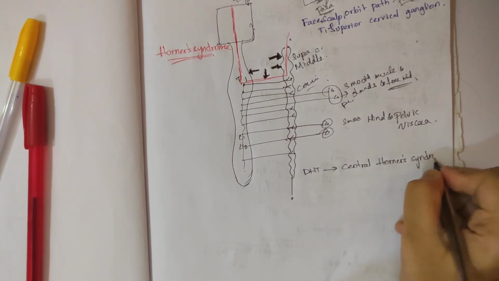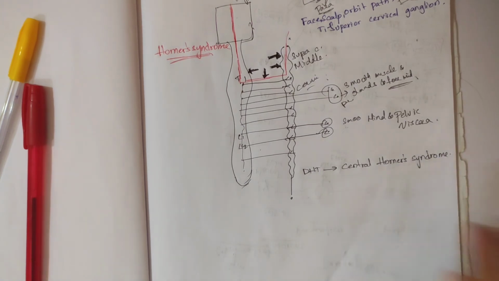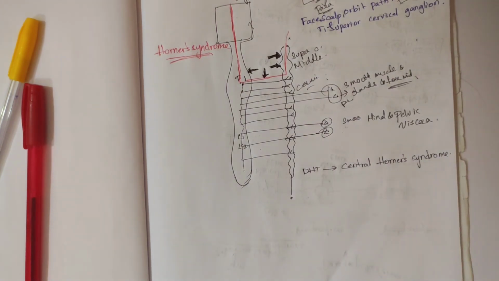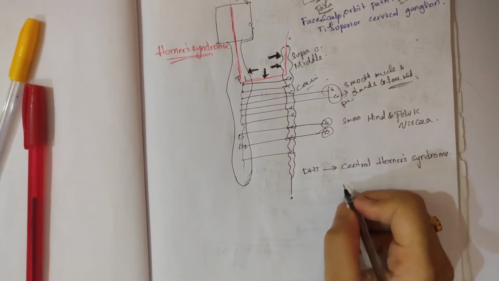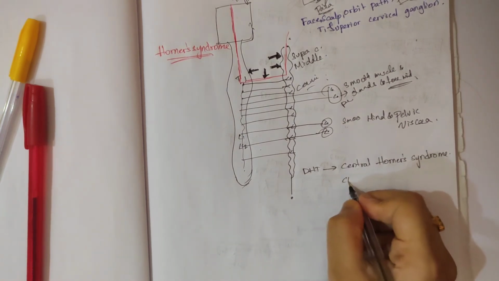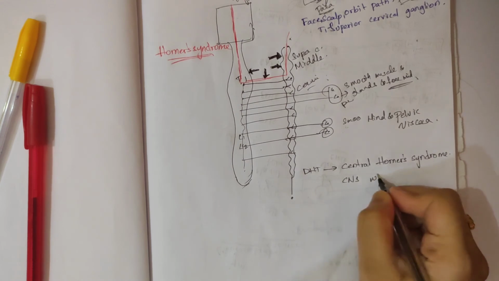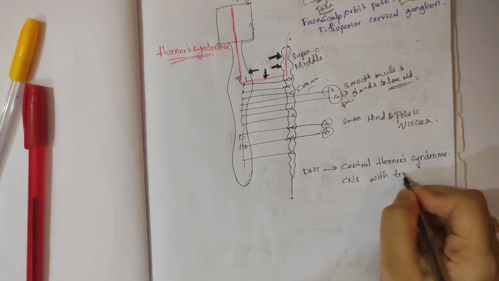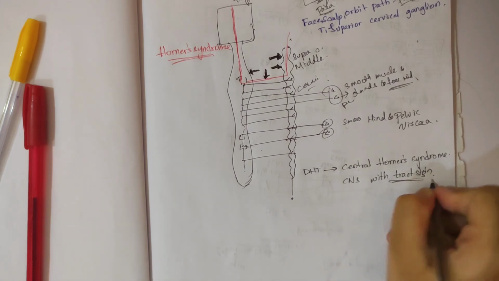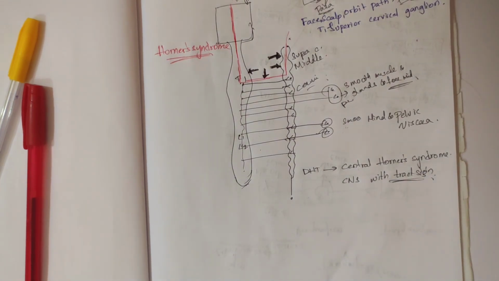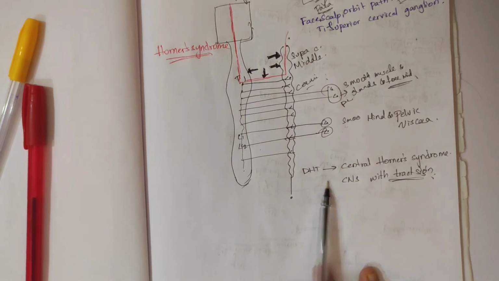So how can we differentiate central Horner syndrome from peripheral? Because central Horner syndrome has CNS tract signs, we can see other tract signs. So that is how we differentiate these DHT lesions.